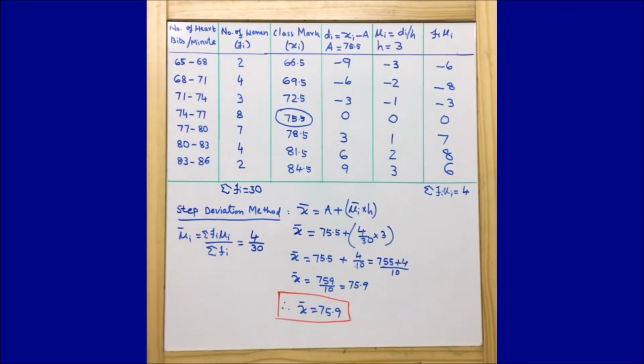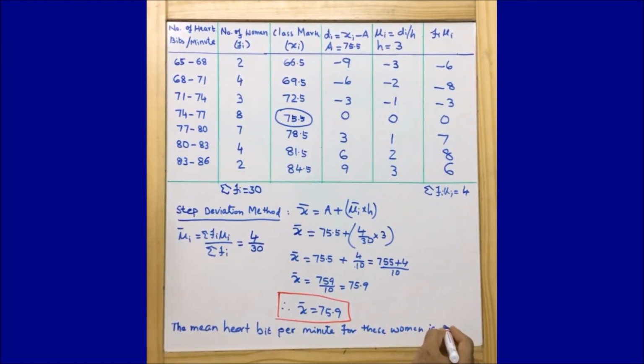As per the question, it has asked us to find the mean heartbeat per minute for this woman. So we can write the mean heartbeat per minute for this woman is 75.9. So guys, that's the answer.